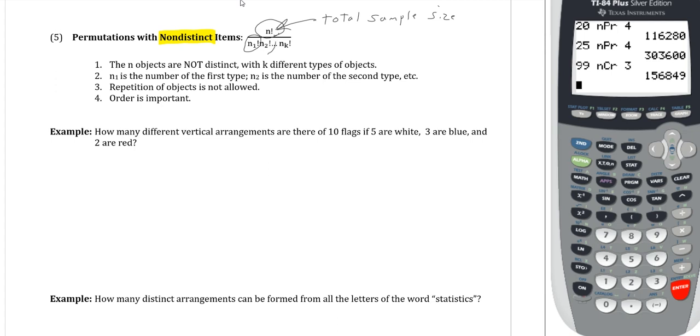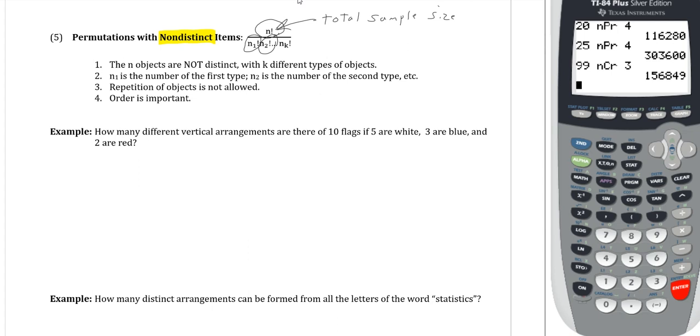Then n2 factorial is going to be the number of objects for the second non-distinct item, and on and on. A good trick for this is to note that n factorial on top is the total, and when you sum all the factorials on the bottom, that should equal the factorial on top. You'll see what I mean in just a moment.